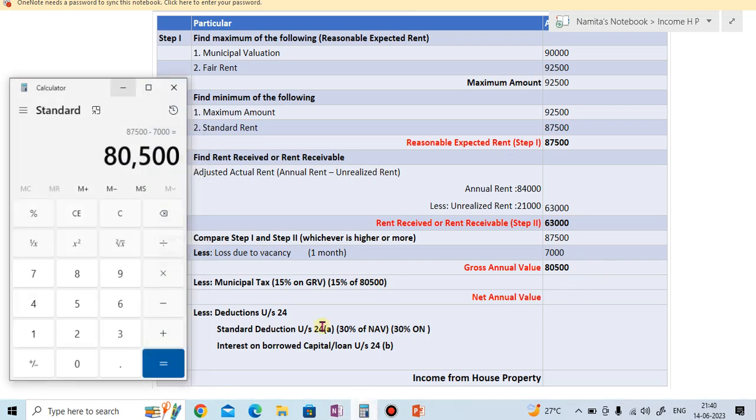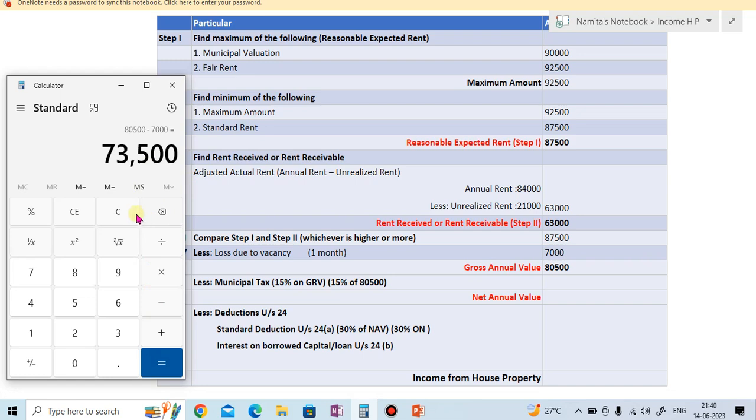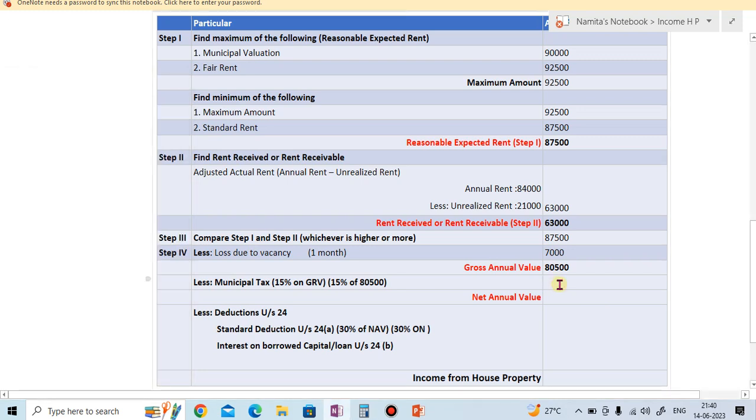The value will be 80,500 multiplied by 15%. 12,075 rupees is the municipal tax.